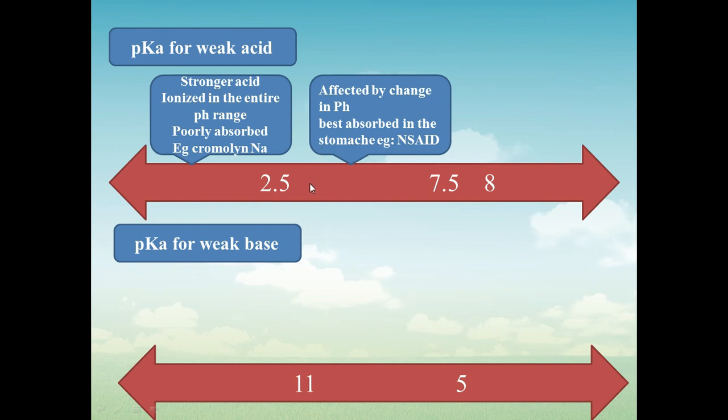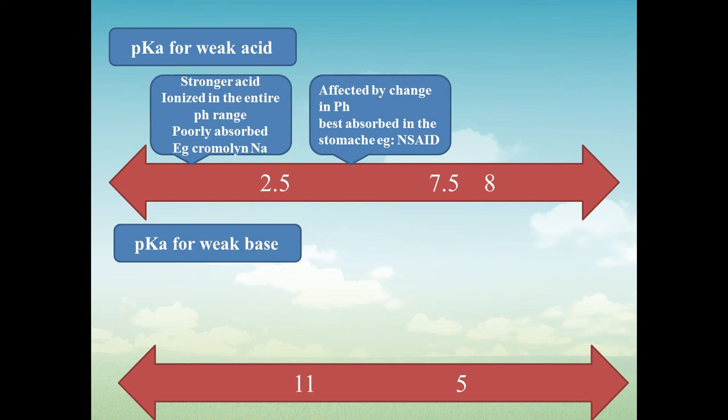If the acids have a pK in the range 2.5 to 7.5, if your drug is acidic and having a pK in this range, that is 2.5 to 7.5, then these drugs will be affected by change in pH, meaning their absorption is pH dependent, and they are best absorbed in the stomach.